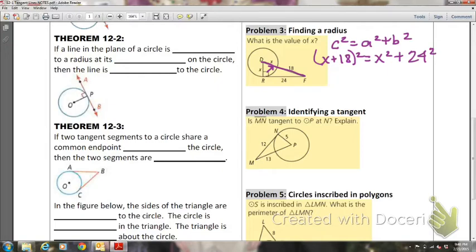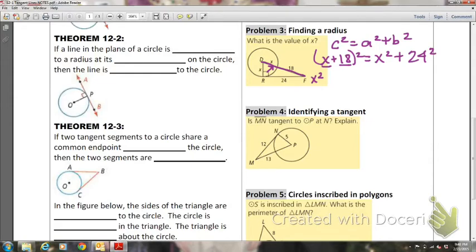So now you need to remember back to Algebra 1 how to square a binomial. When you square a binomial, there's a formula for that. It's the square of the first term, so it's x squared, plus twice the product of the two terms.